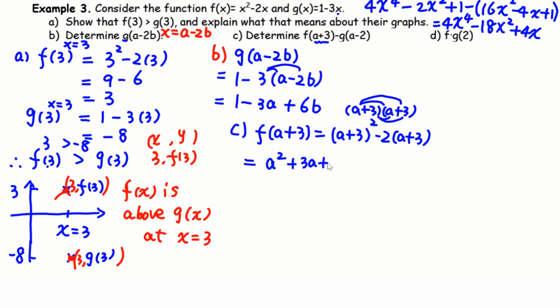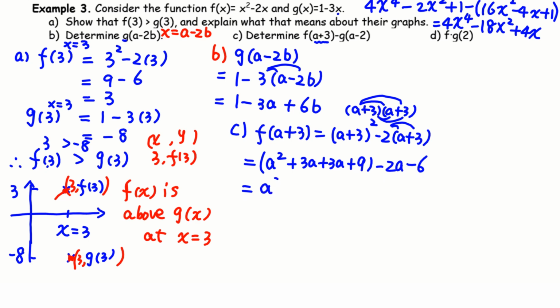So 3 times a, 3 times 3. That is for the first a plus 3 bracket squared. Then minus 2 times a plus 3 is monomial times binomial. So negative 2 times each term in the bracket. Minus 2a minus 6. Then collect the like terms.